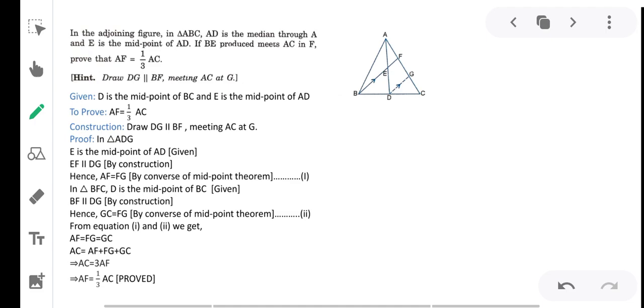In the adjoining figure, in triangle ABC, AD is the median through A, and E is the midpoint of AD.